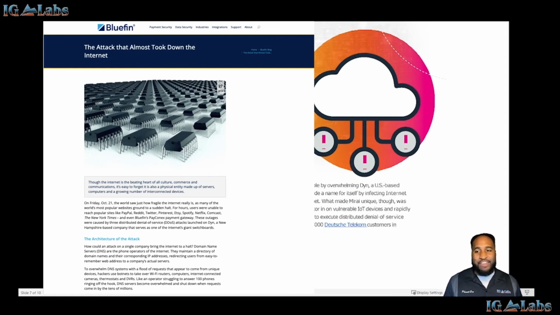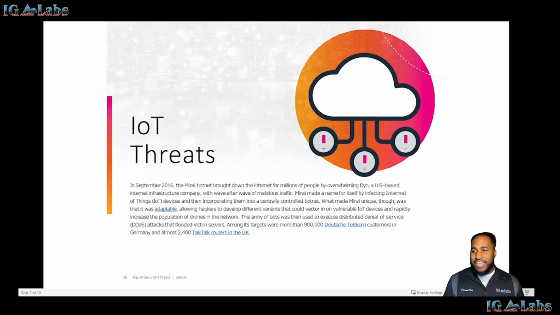This attack infected IoT devices. What was unique about this attack is that the botnet had the ability to adapt, which enabled the hackers to develop different variants. It resulted in a DDoS that flooded the servers.